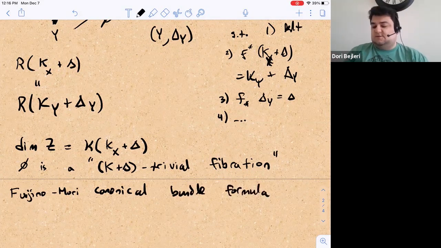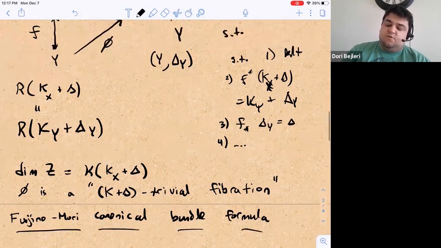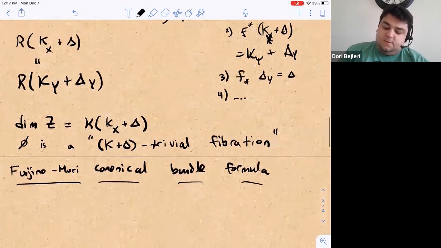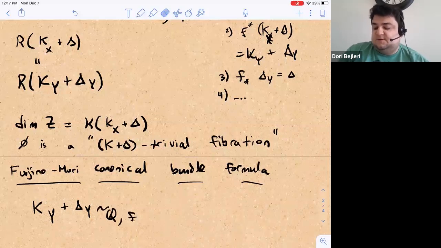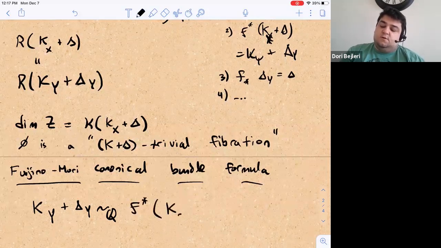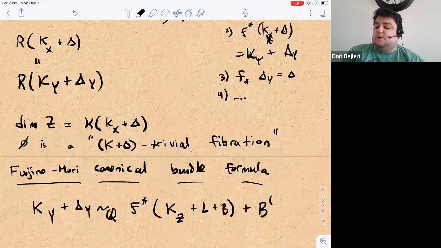for these kind of log analogs of k-trivial fibrations that essentially says that for this map phi from y to z, we have that ky plus delta y is Q-equivalent to the pullback of kz plus L plus B plus B prime.